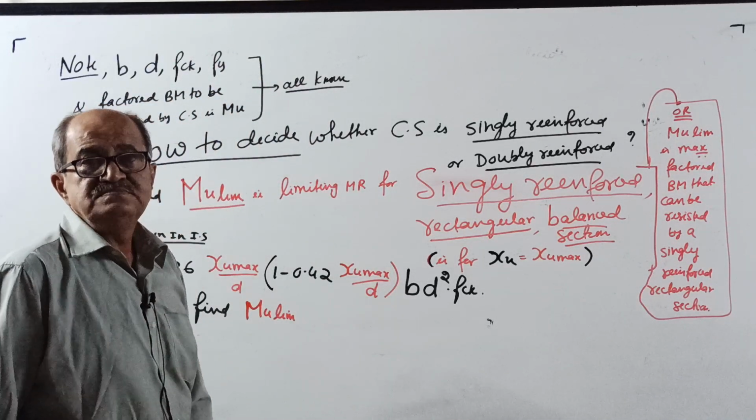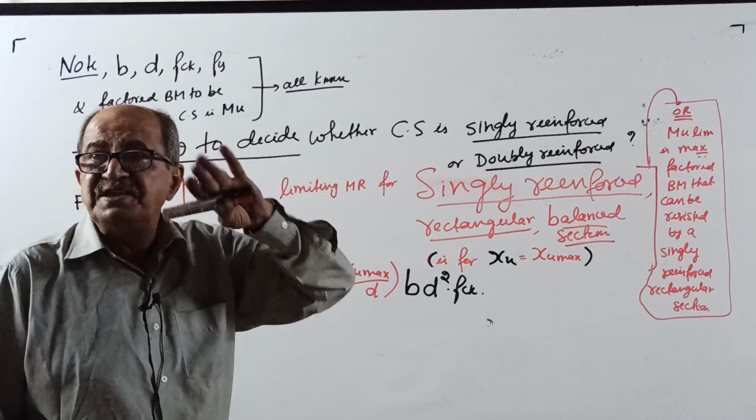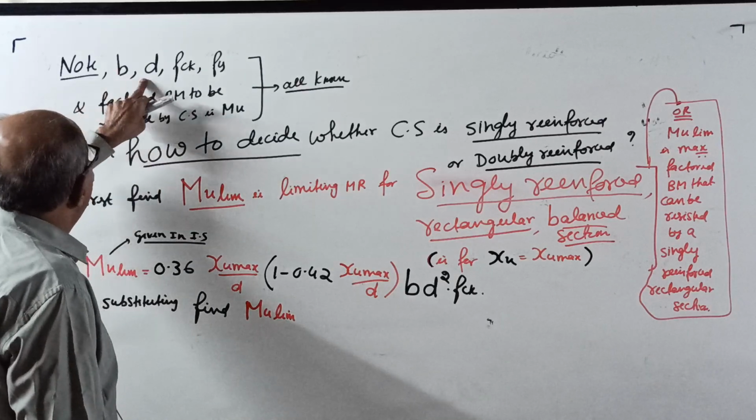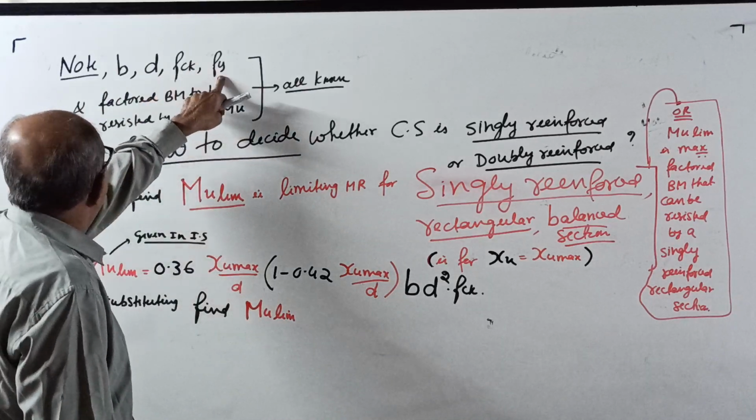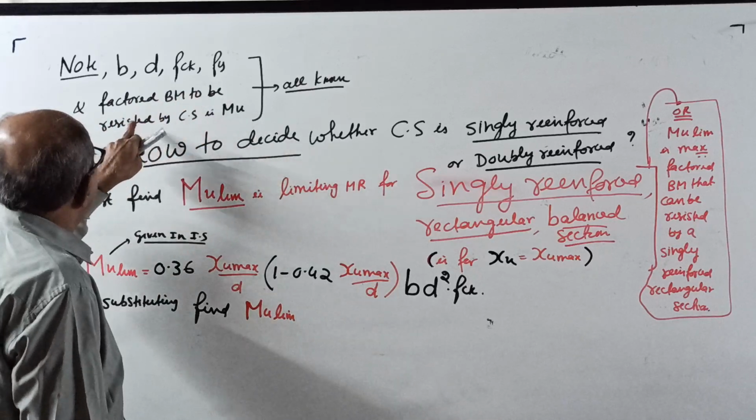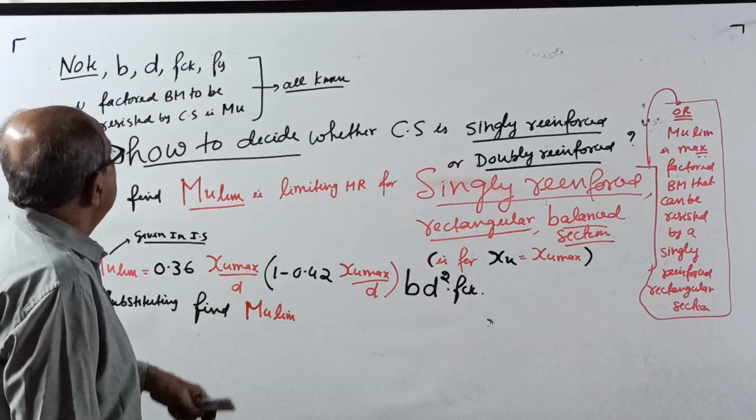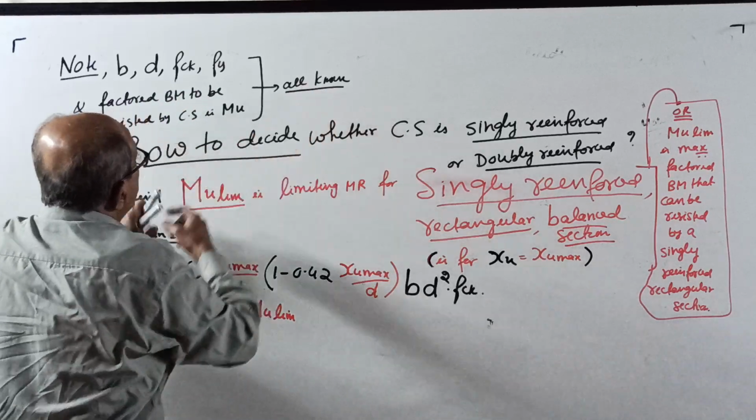Once again note, when you reach this stage, b, D, fck, fy, and the factored bending moment to be resisted by the cross section, that is Mu, are all known.